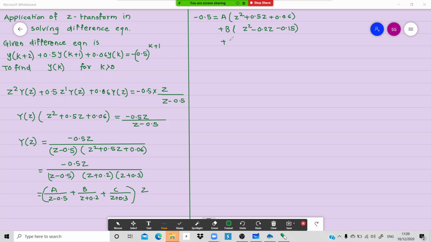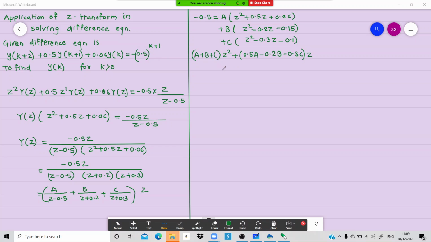And then for C, it will be z square minus 0.3 z, minus 0.1. So if we write, it will be A plus B plus C outside the bracket z square, plus 0.5 A minus 0.2 B minus 0.3 C outside the bracket z.